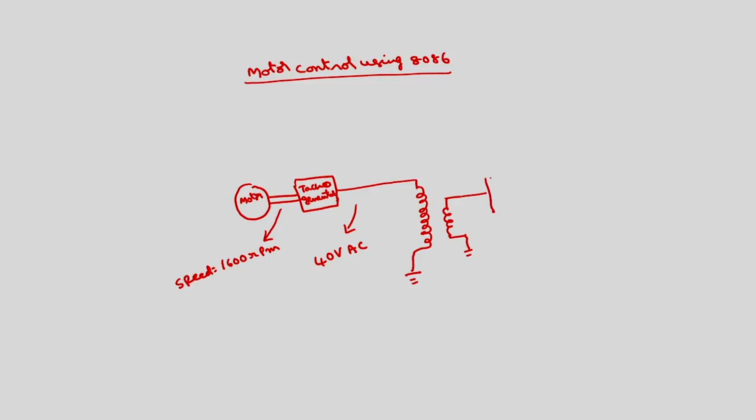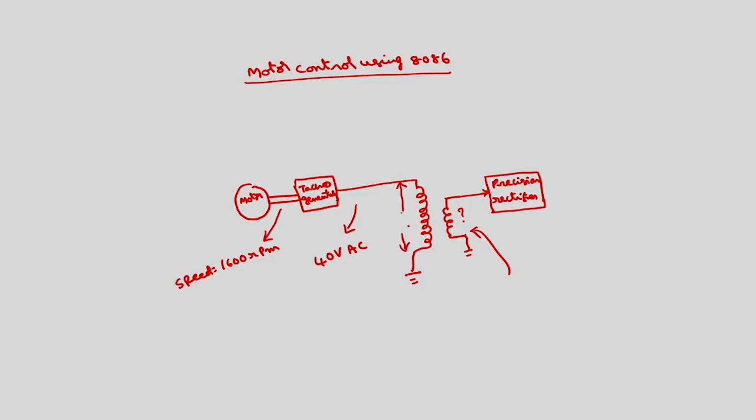Then you have to connect to a precision rectifier to convert AC into DC, because this is AC. The voltage here depends upon the number of turns. If I call this the primary voltage, here this voltage is 40 volts in this case.